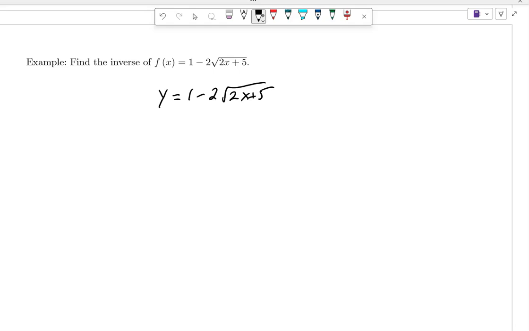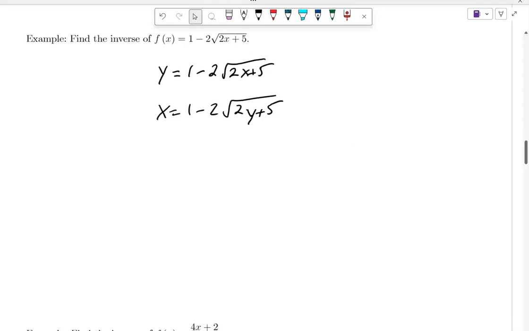First step is to do what? You got to flip the x and y first, right? Yeah, got to flip-flop them. And then we'll subtract the 1 over.